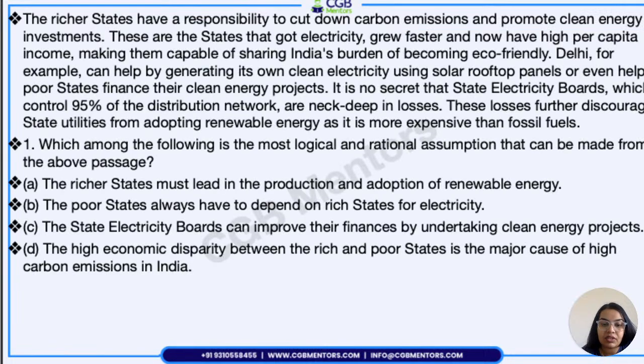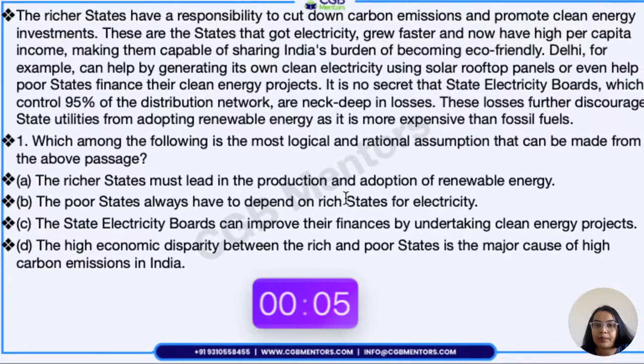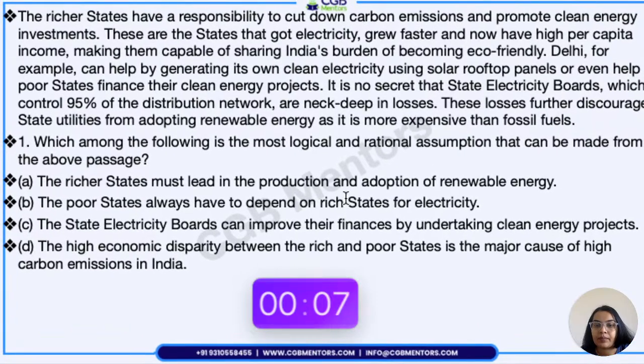We'll start with the first question. I'll also give you a timer. Chalo. I hope the question is properly visible to all of you.